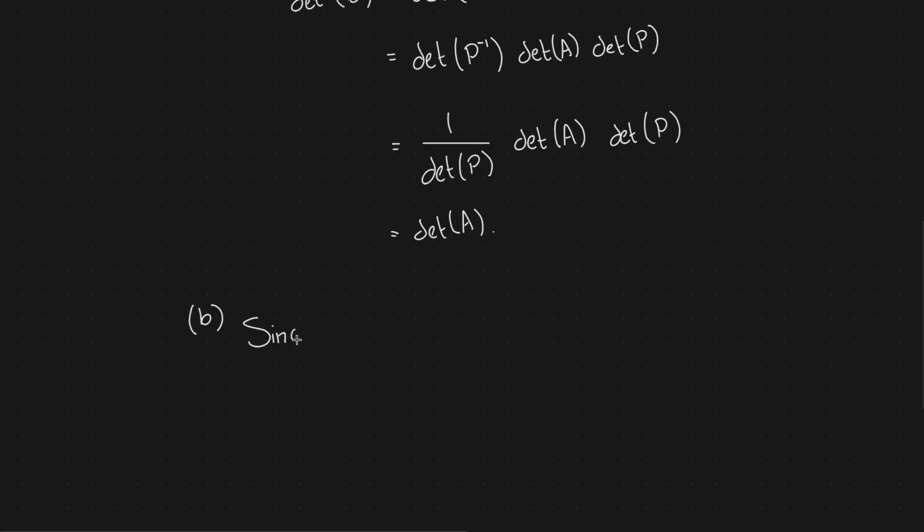Since P is an invertible matrix, P equals E1, E2, all the way to EK for some elementary matrices.